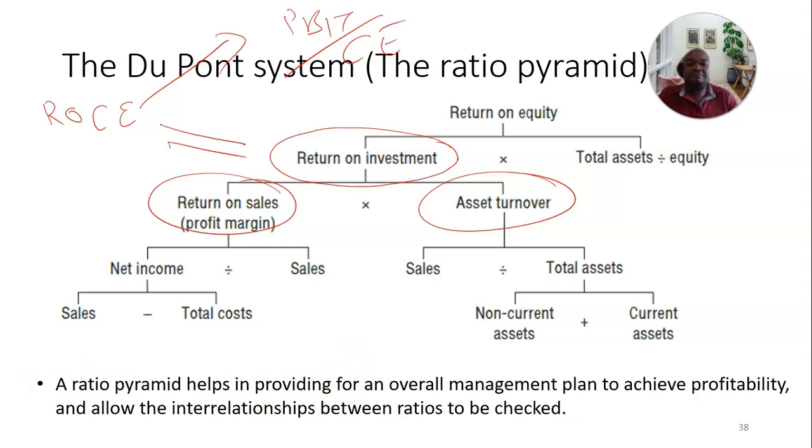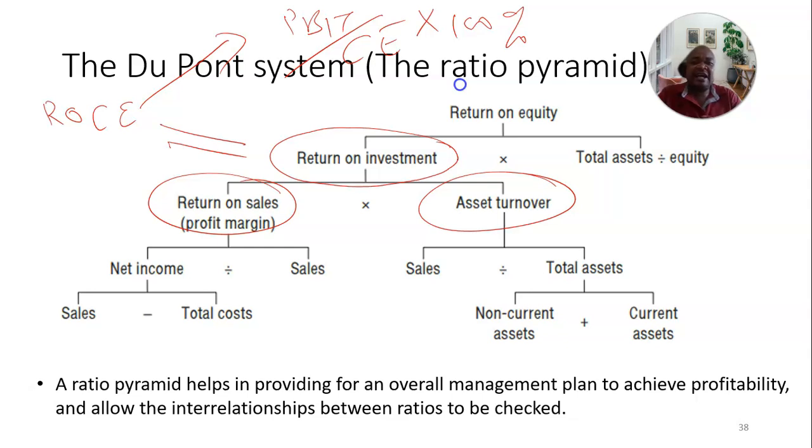Are we together? The ratio is given as a percentage. So you just have to ensure that you multiply this fraction by 100%, because by the end of the day you are going to give your ratio in terms of percentages.